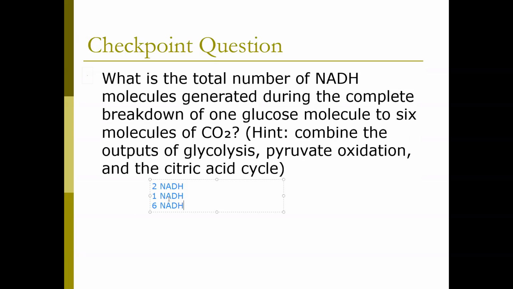We got 1 NADH for every pyruvate oxidation. Since we had 2 pyruvate oxidations take place, that's 2. So now we've ended up with 10 NADH so far. Okay, so 2 from glycolysis, 2 from pyruvate oxidation, and 6 from the citric acid cycle. Okay.